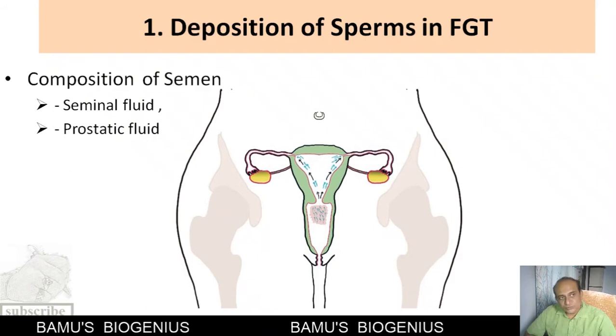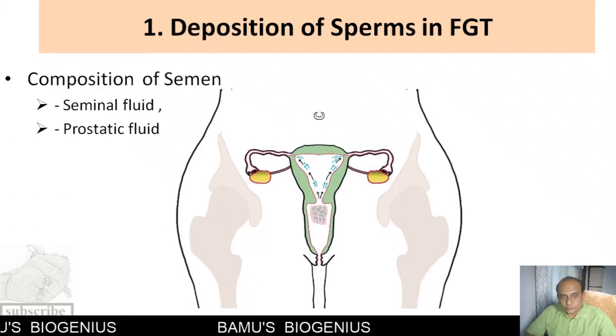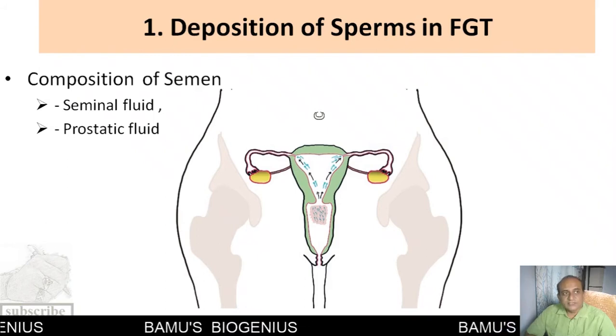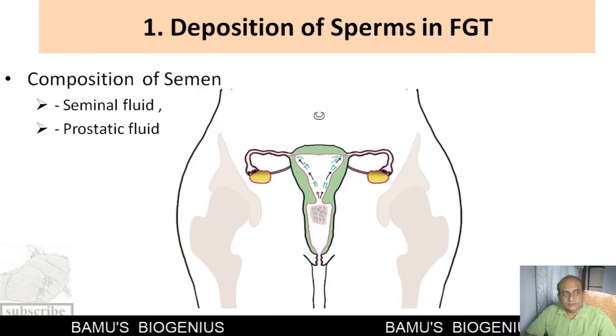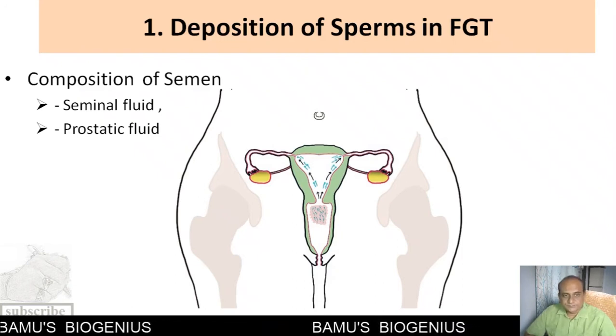Seminal fluid also contains prostaglandins and fructose. The prostaglandins stimulate the vaginal tract for contractions, and because of that it aids in movement of sperms towards the uterus.